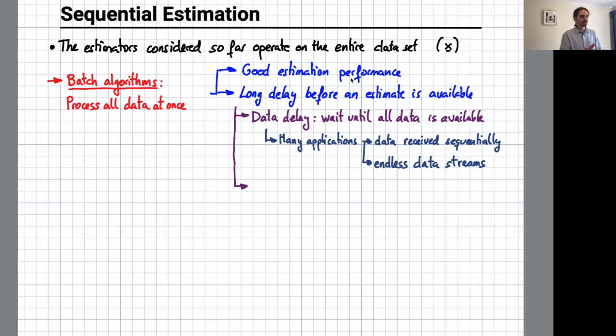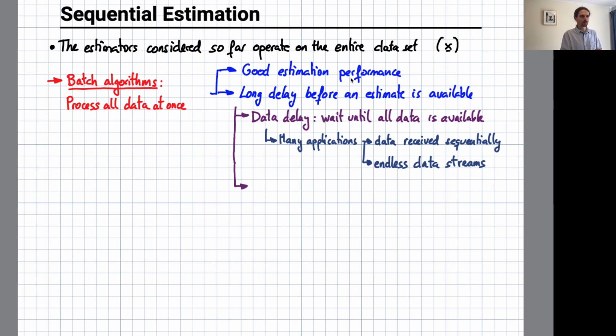One classical example would be the one of recommender systems. So think, for example, that companies such as Netflix are constantly collecting information about the users' preferences, right?